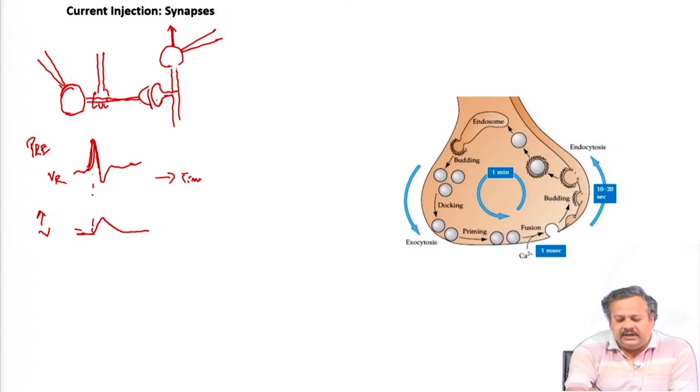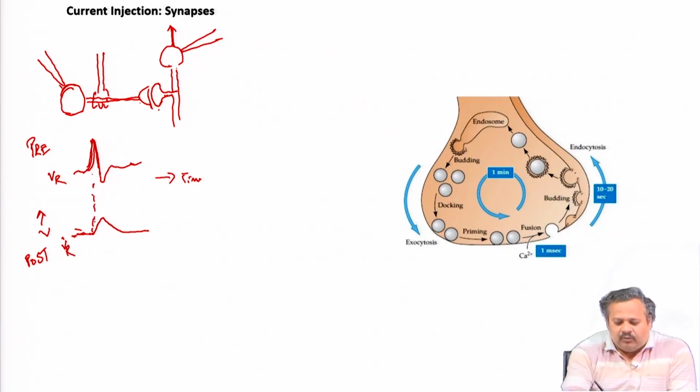If this is an excitatory synapse, then we have a depolarization. This is the postsynaptic neuron at its V rest.